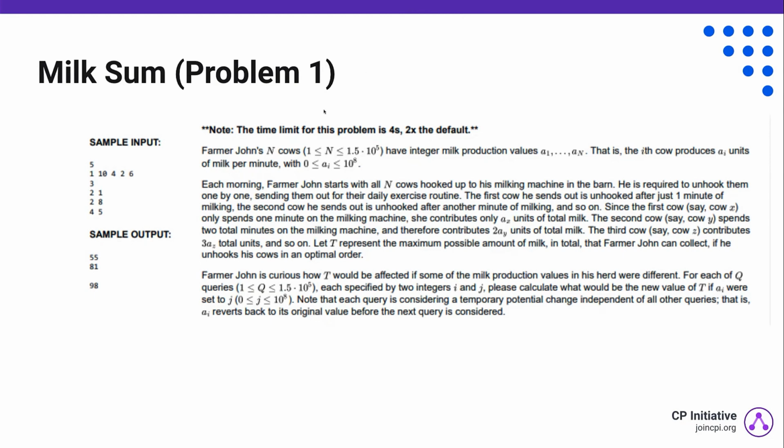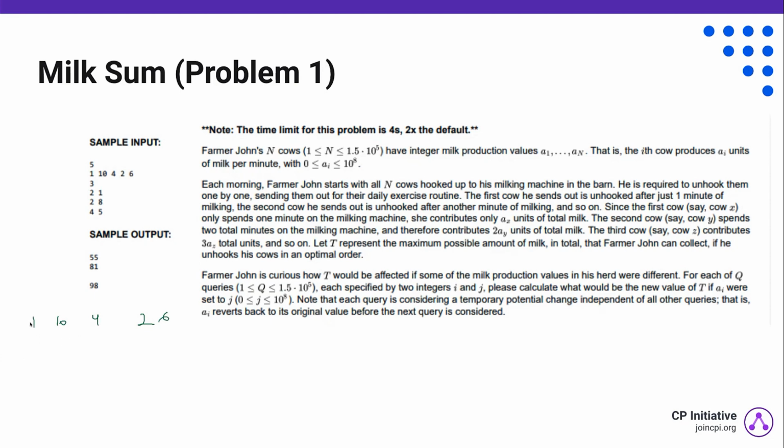So first, we're going to look at the sample case. So first, let's say the original one. So we have 5 cows, 1, 10, 4, 2, and 6, and so we want to pick the cows that are producing the least first, because the cows that are producing more would be more beneficial to unhook later.